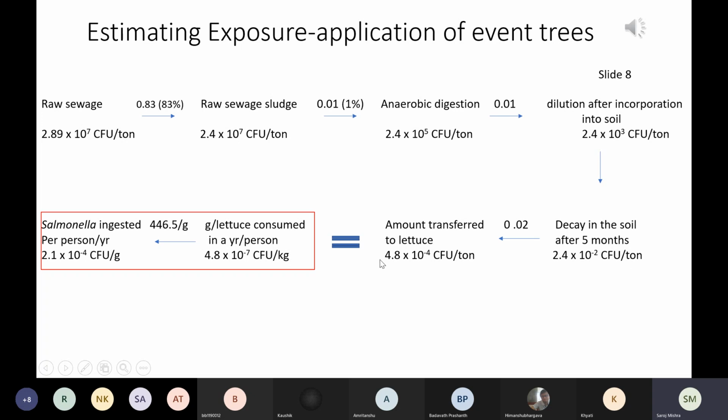So you get, for example, 4.8 times 10 to the minus 4 CFU per ton of lettuce produced. And if a person eats so many grams in a year, then per person the number works out. So when the event is very, very small, one can go back to this kind of calculation and figure out what the extent of your exposure is going to be. These are called event trees.